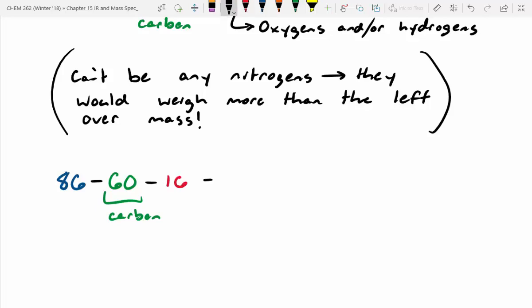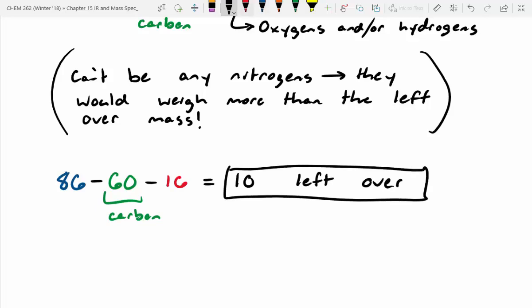All right, that gives us how many left over? 10. Where did 16 come from? 16 is oxygen, so that's assuming 1 oxygen. I'll even put a 1 down here. Carbons, we already said that we had 5 carbons.